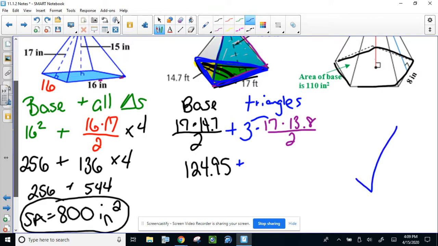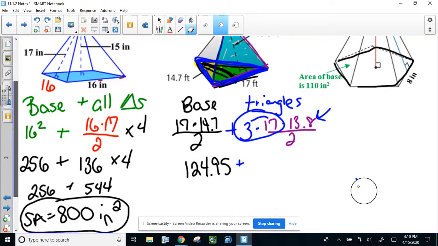So we really are looking at the perimeter of all those triangles, and then the height. Each one is going to have the same height, 13.8. So I'm going to do 3 times 17 times 13.8 and divide it by 2.